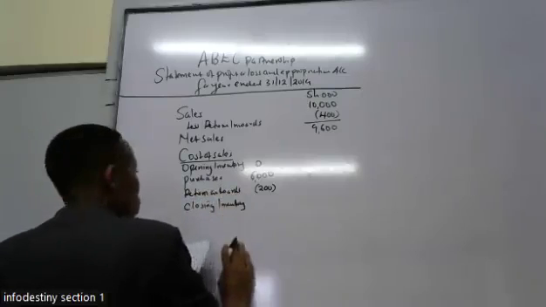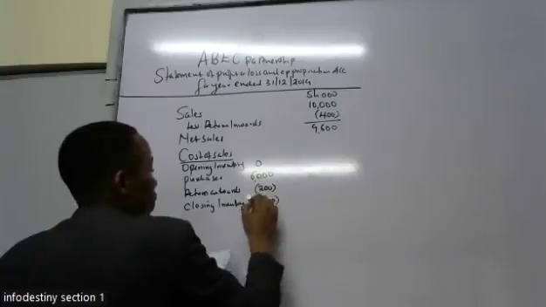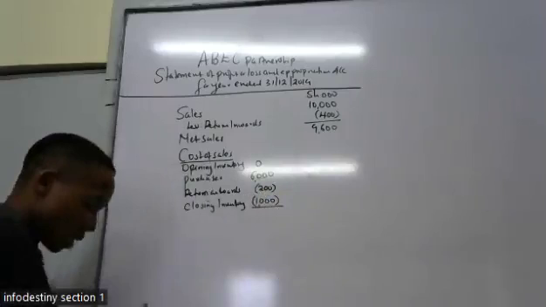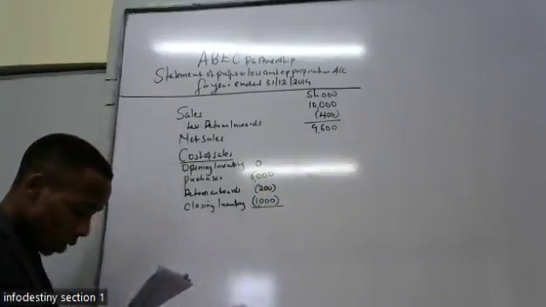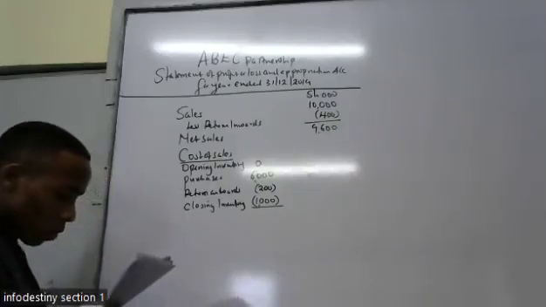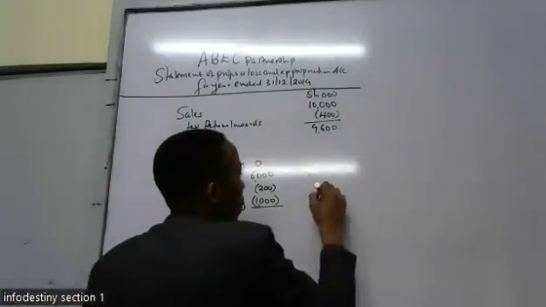The closing inventory we are given in additional information 1 as 1 million. The figures are in thousands, so we pick 1,000. So this is 6,000 minus 200 minus 1,200. That means we remain with a cost of sales of 4,800.